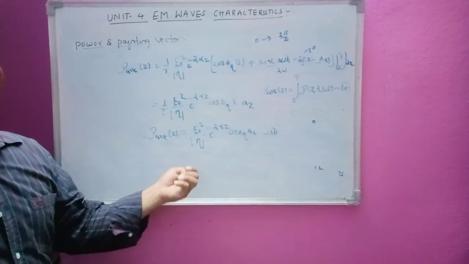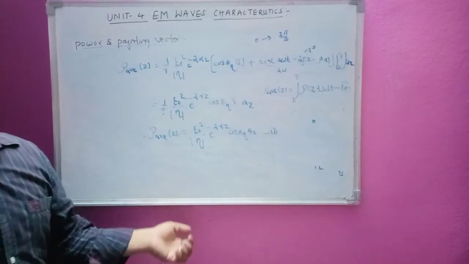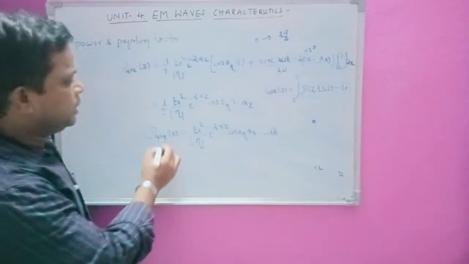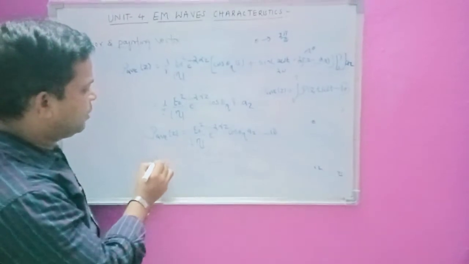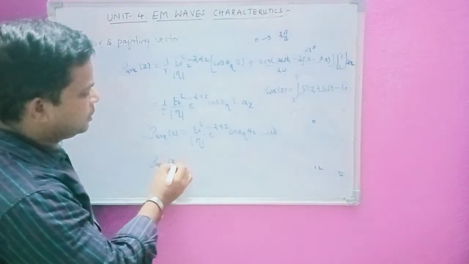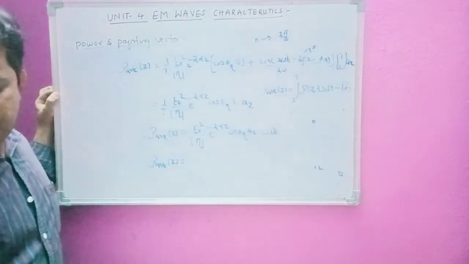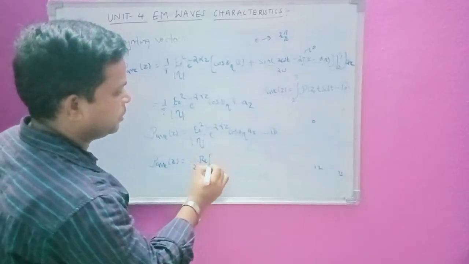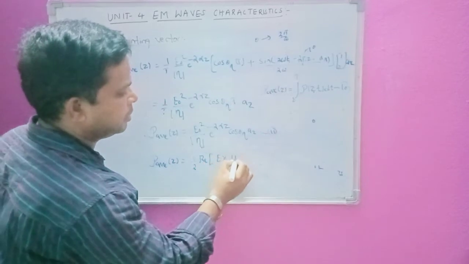This is a very important equation. This P average of z comma t that we have taken, we can also show that it is 1 by 2 the real part of E cross H complex conjugate.